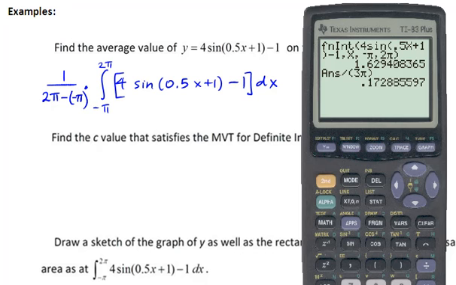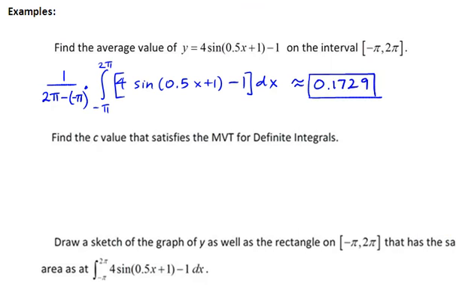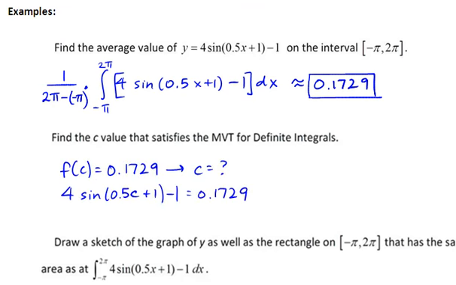For the next part of this example, we're going to find the c value that satisfies the mean value theorem. In other words, the specific input that will give us an output of 0.1729. This boils down to the following equation: 4 times the sine of 0.5c plus 1, minus 1, equals 0.1729. You could solve this algebraically and using trigonometry, but I'm going to take the easy way out and use the calculator.